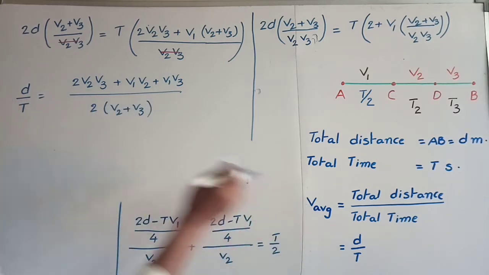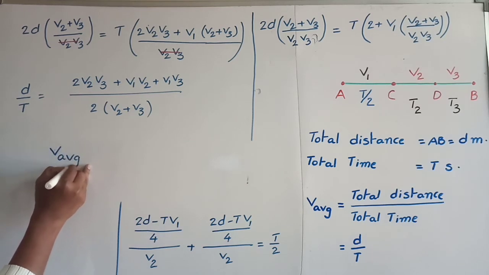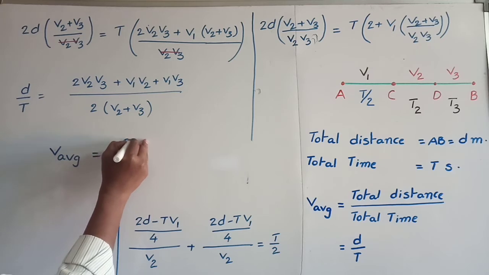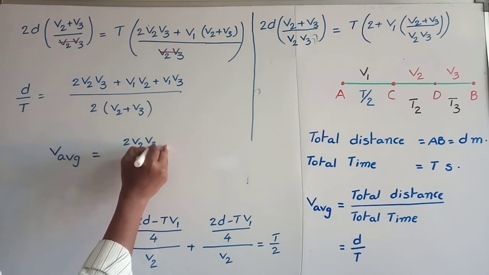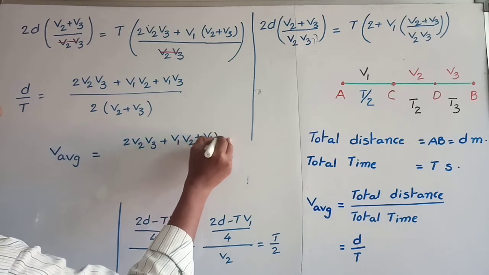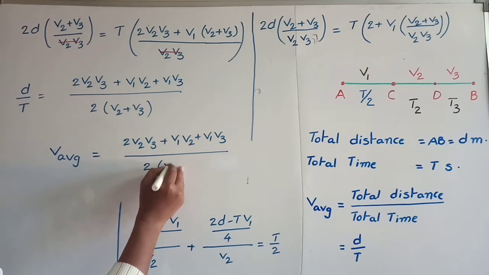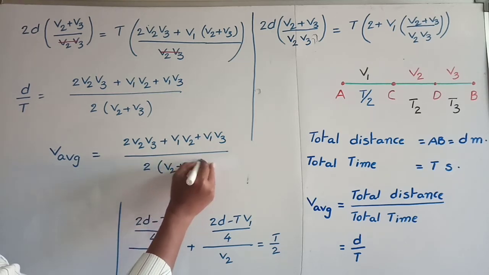So D by T is V average. So average speed is equal to (2 V2 V3 plus V1 V2 plus V1 V3) by 2 into (V2 plus V3).